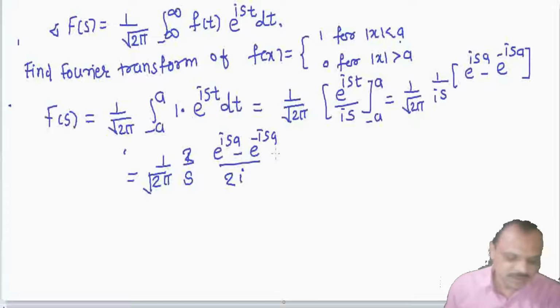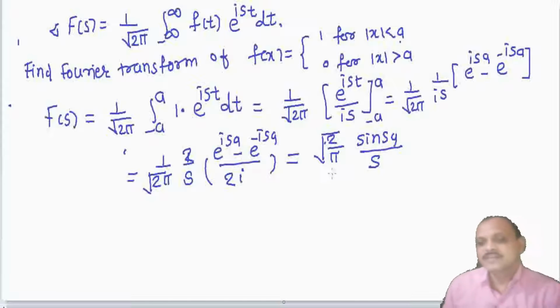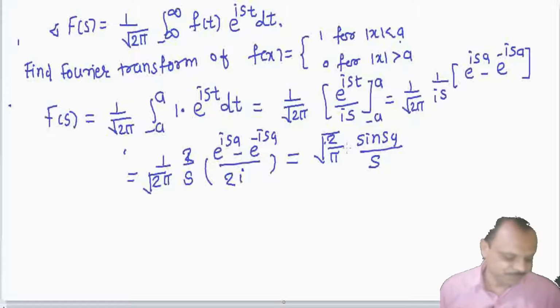So this is the value of sin s a, and therefore it will be under root of 2 divided by pi into sine of s a divided by s. We can find the Fourier transform of the given function by using the formula.